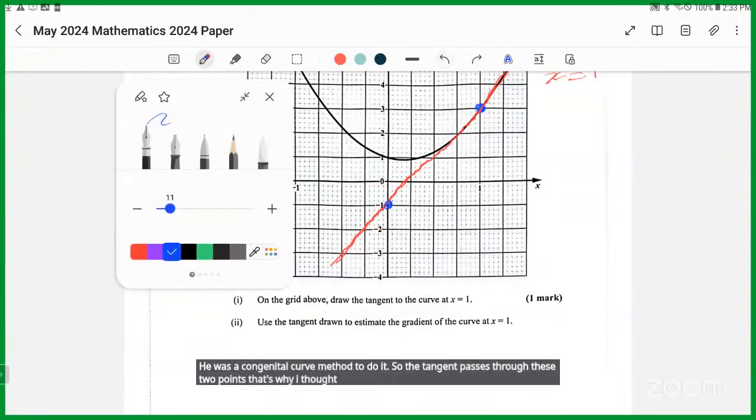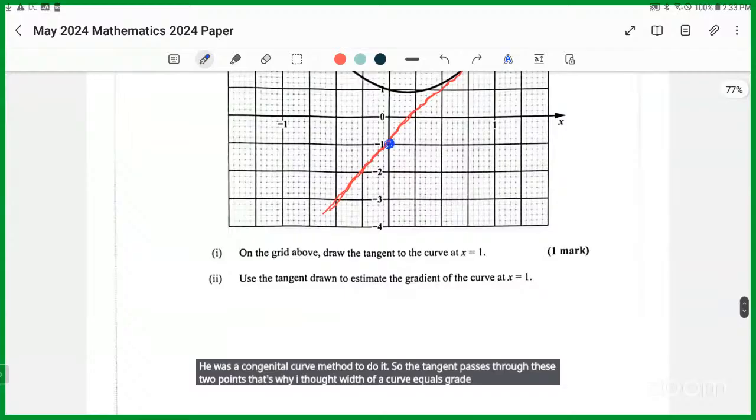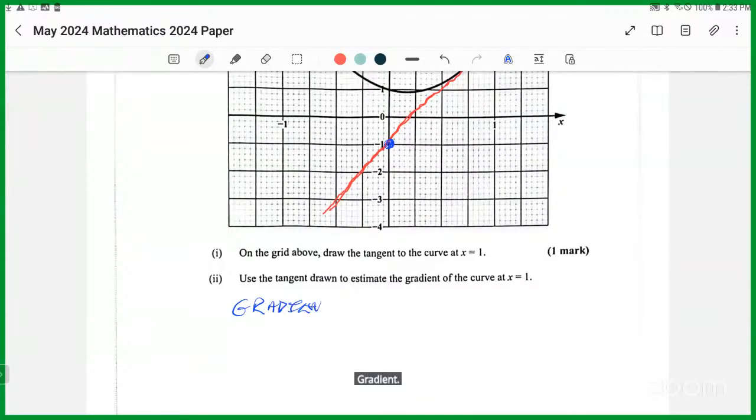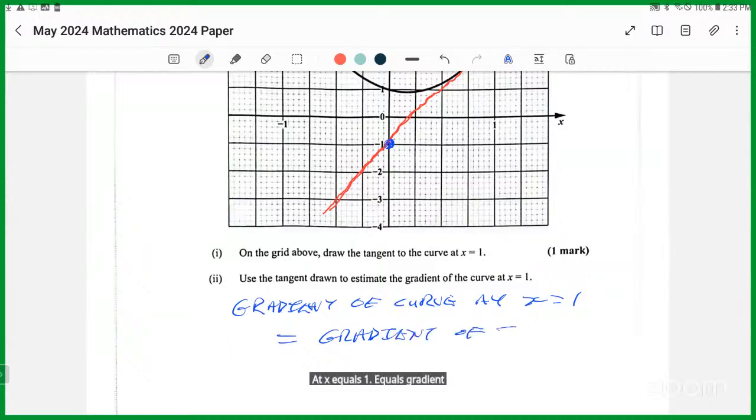Gradient of the curve at x equals 1 equals gradient of the tangent at x equals 1. I'm going to use these 2 points to do it.